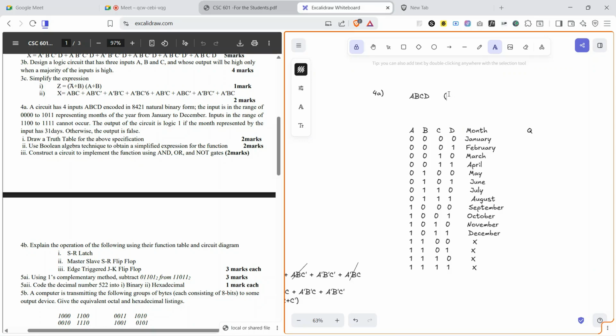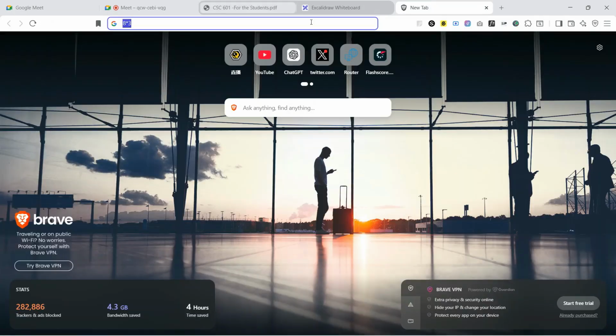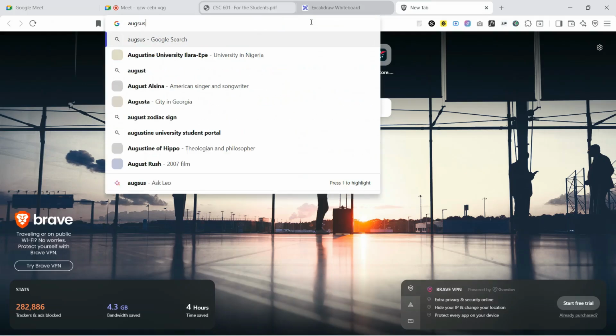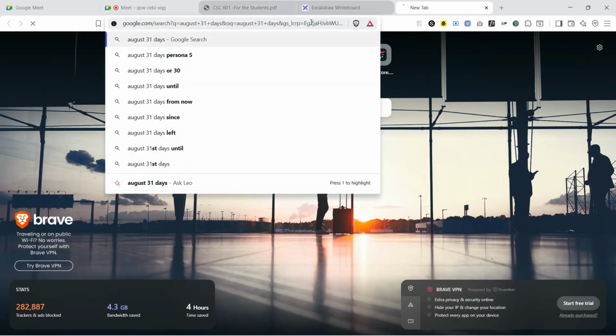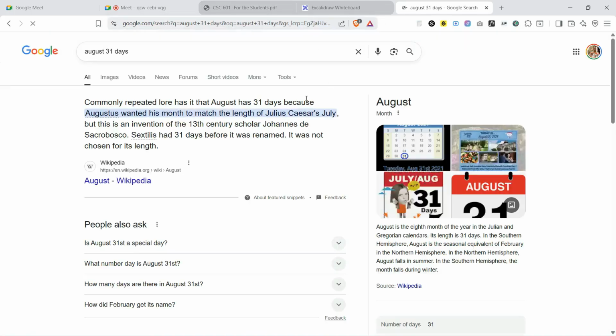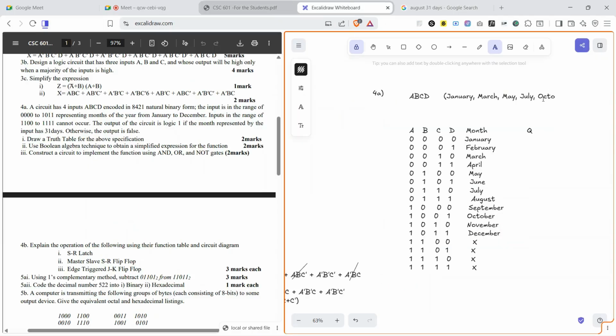So for our output, we're told that the output only gives a 1 for months that are 31 days. Months that are 31 days in a year are January, March, May, July, August, October, and December.